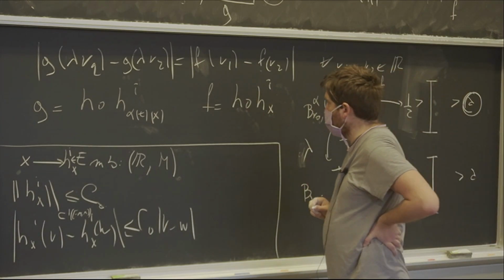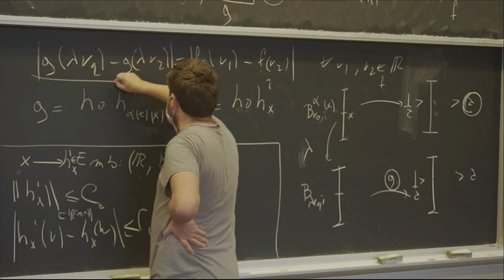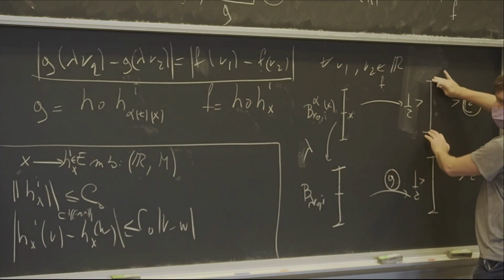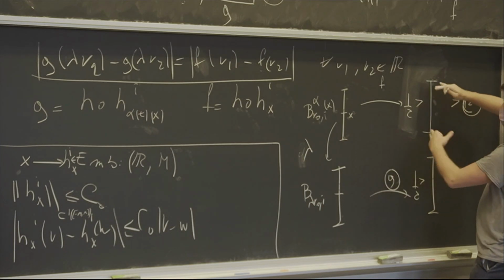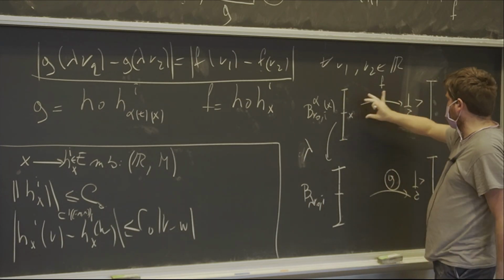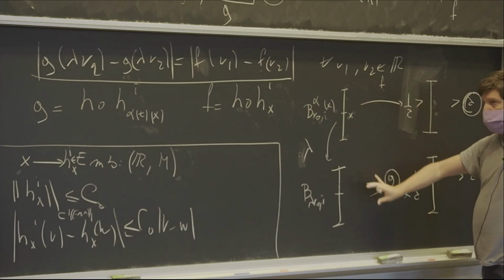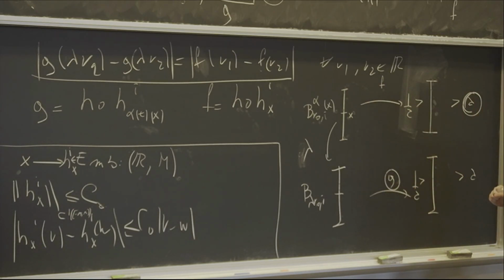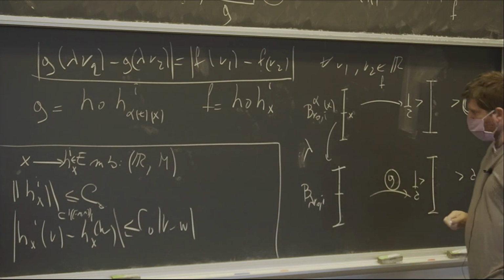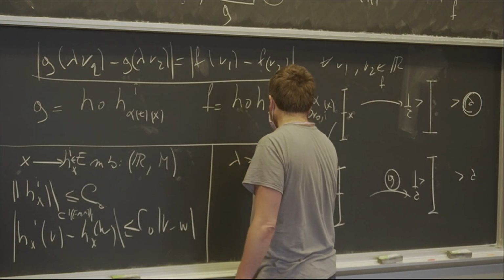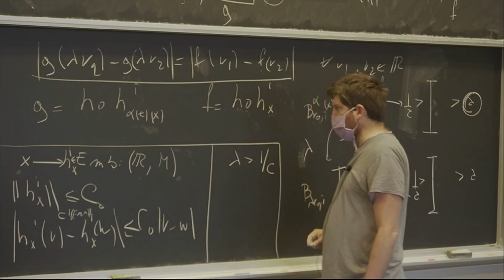So this equality here is telling me that this length is this length, and not only in the broad situation, but any 2 points, when I take them here or I take them here, is the same. So this essentially will give me that lambda is larger than 1 over c.